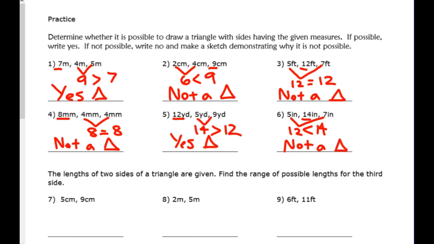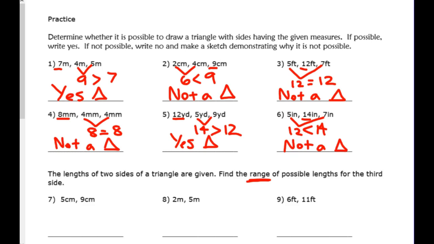Now, here's the new thing. Is everyone looking? Look right here. This is an extension of what we just learned. If you are given 2 side lengths, your third side length has a range of possibilities. We want to find the range of possibilities of what the third side could be. Obviously, some will be too small, some will be too big, so you want to find the numbers.